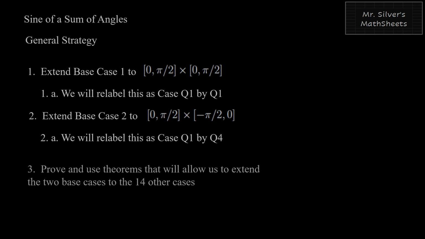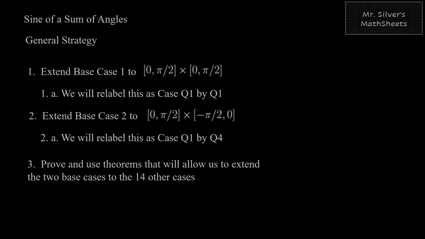Then we'll have some theorems that allow us to very quickly extend these 2 base cases to the other 14 cases. The other 14 cases are Q1 by Q2, Q1 by Q3, Q4, all the way up to Q4 by Q4.